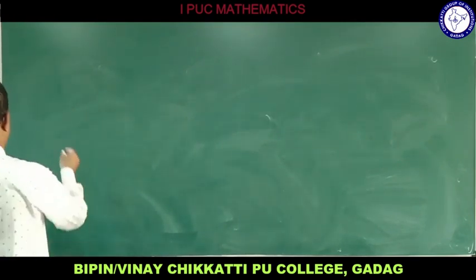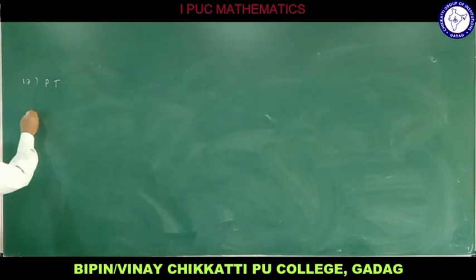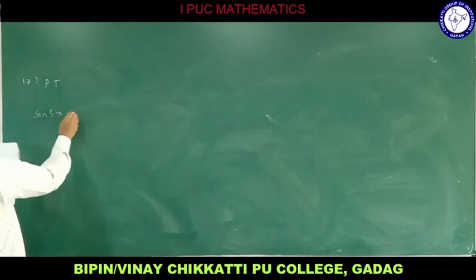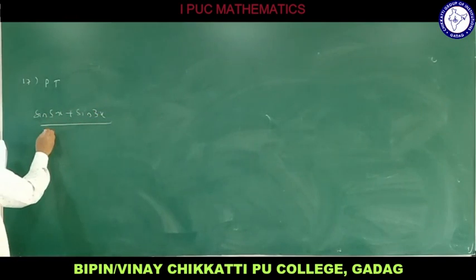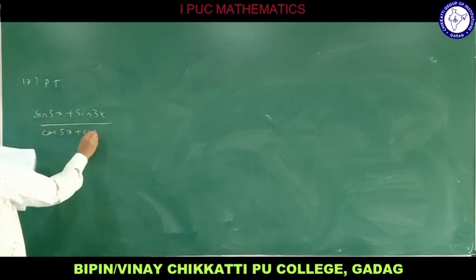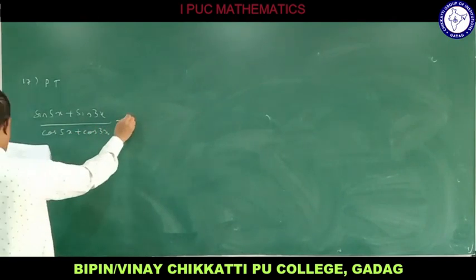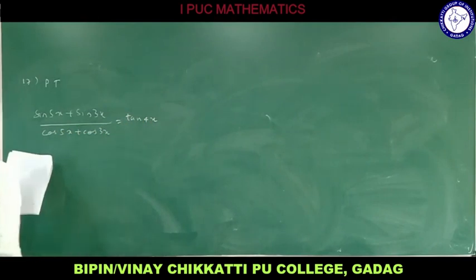Prove that (sin 5x + sin 3x) divided by (cos 5x + cos 3x) is equal to tan 4x.